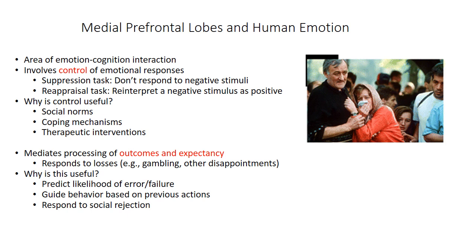Maybe these are actors in a play doing a good job, or maybe these people are seeing their child graduate from high school or something like that, right? So in either way, what would normally lead to a negative reaction is either being suppressed or reappraised. And the medial prefrontal cortex gets involved in both of those kinds of emotional control tasks.